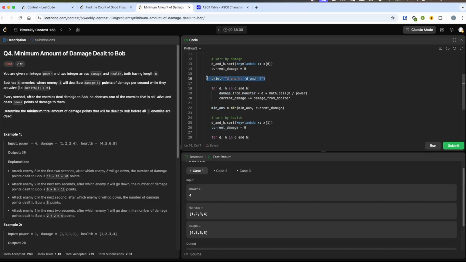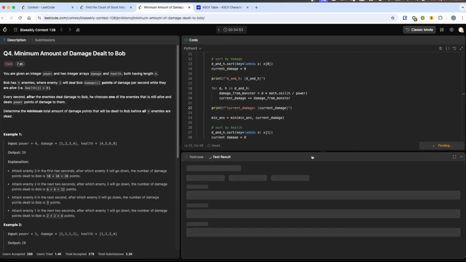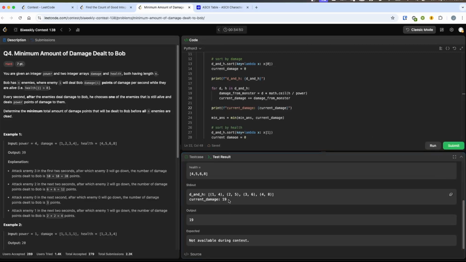Okay, and then here we're going to print current damage. Okay.